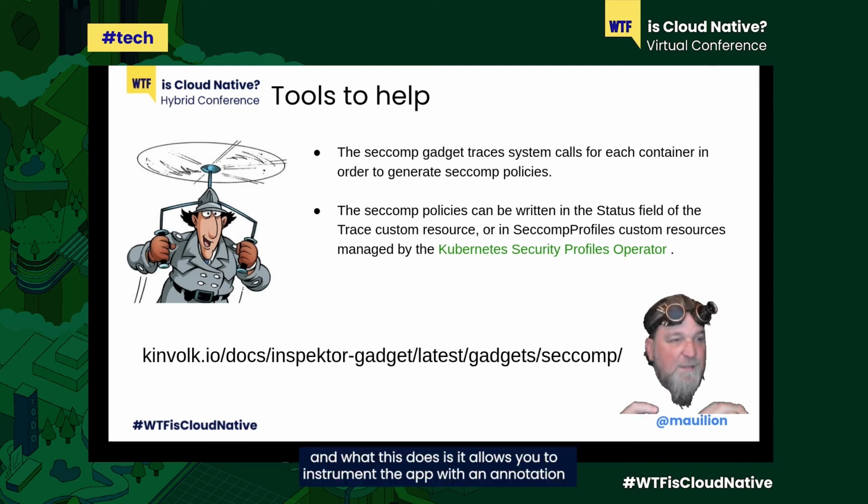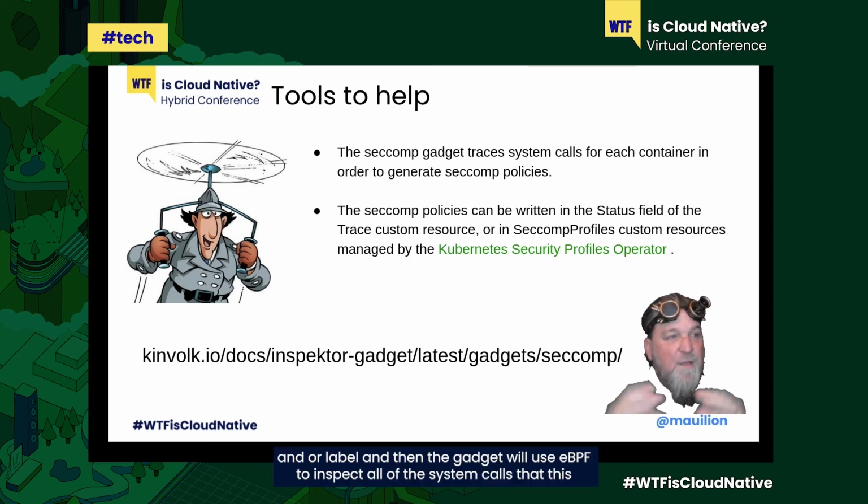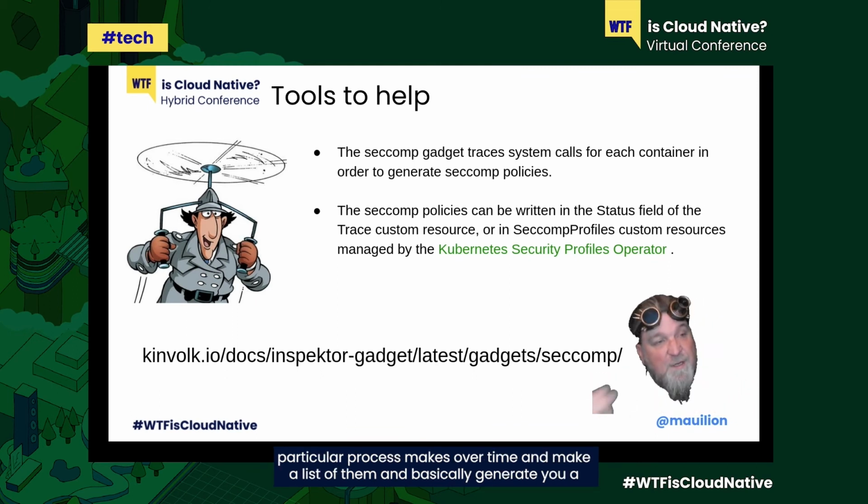What this does is it allows you to instrument the app with an annotation and/or label, and then the gadget will use eBPF to inspect all of the system calls that this particular process makes over time, make a list of them, and basically generate you a seccomp profile.